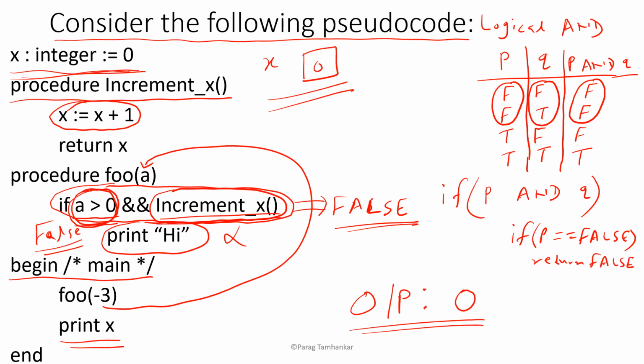No need to evaluate q. Of course, if p is true, then you return q, because then everything will be dependent on q. If q is true, result is true. If q is false, result is false. Okay, so I hope you have understood short circuit evaluation of logical AND operator.